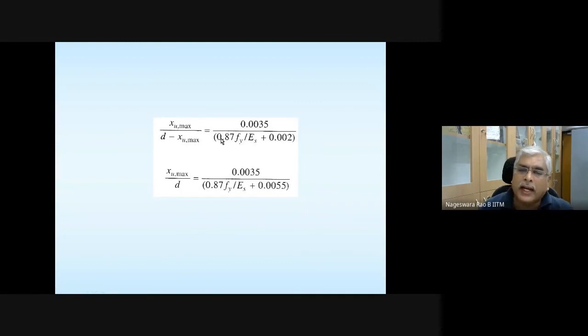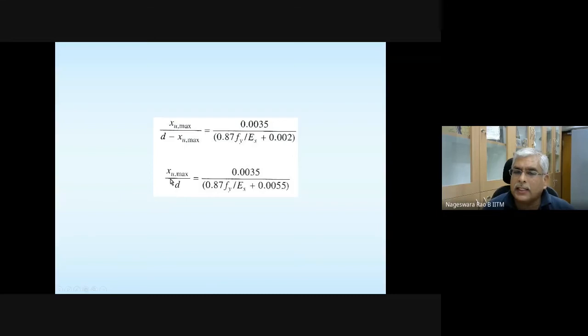And if you rearrange this equation, and just now we noted Xu divided by d in terms of Fy, which is going to depend on grade of steel, fck, which is going to depend on grade of concrete, and percentage of steel. That is the neutral axis depth ratio I mentioned.